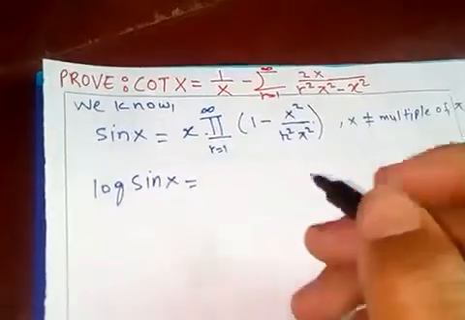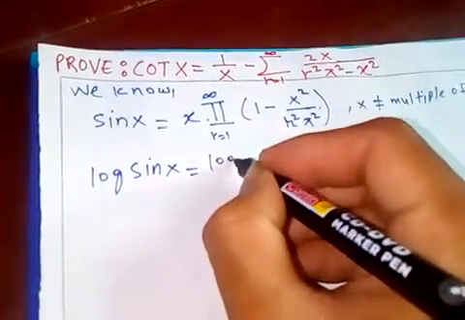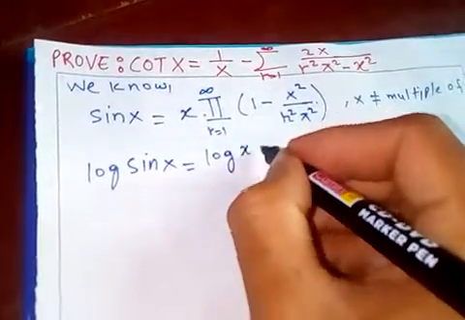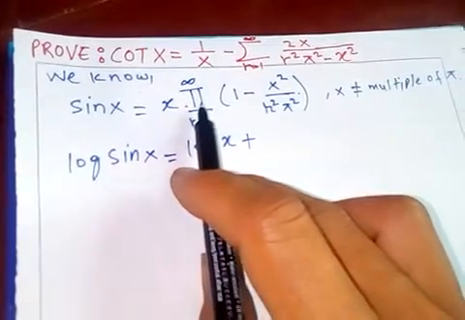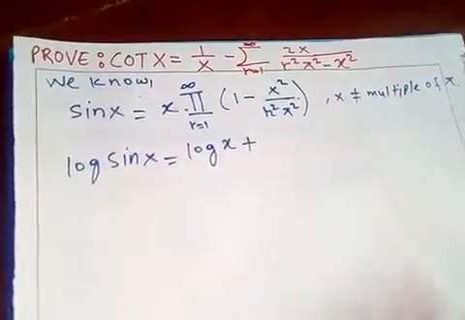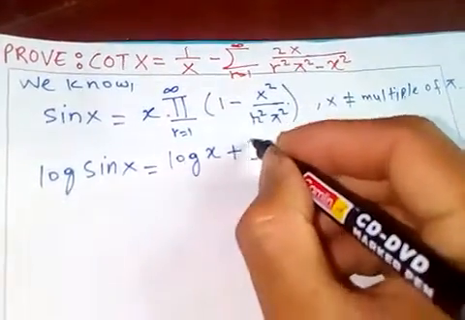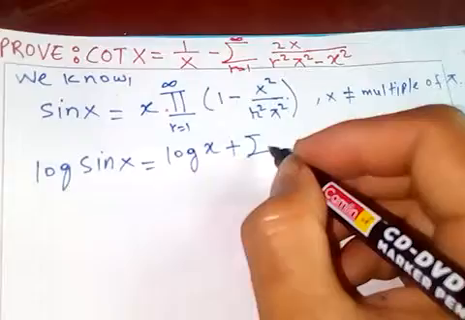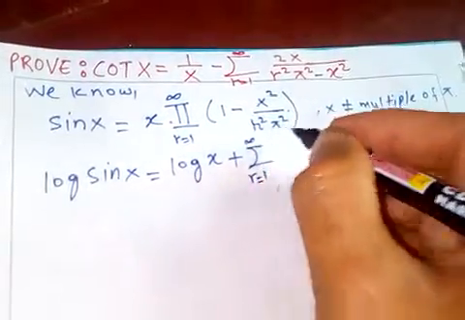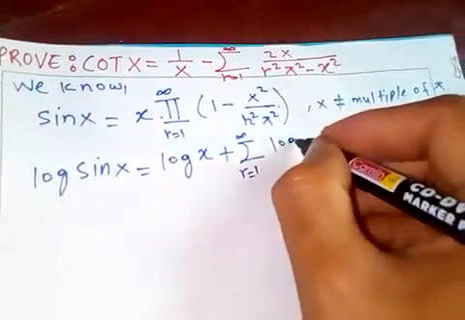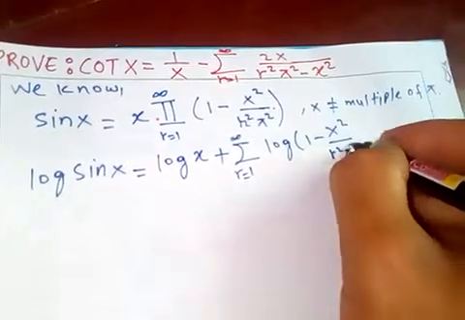We know the log of a product is a sum of logs. So log x plus, from the product formula, this will change to a summation, r equal to 1 to infinity of log of 1 minus x squared by r squared pi squared.